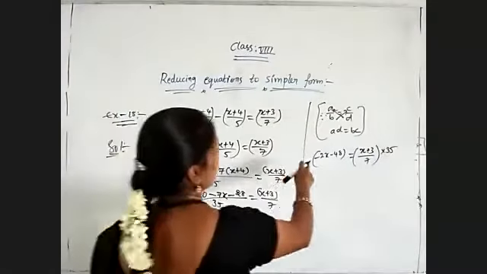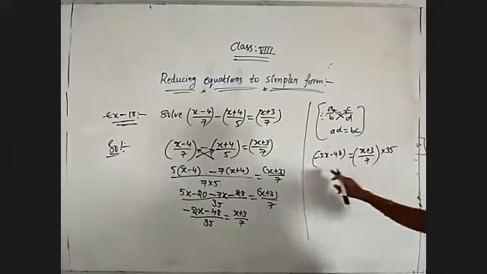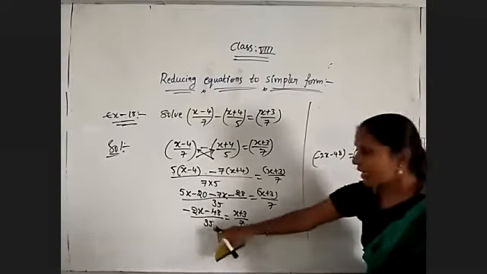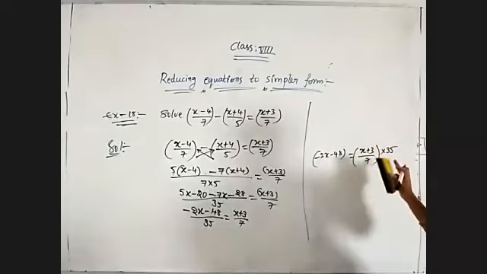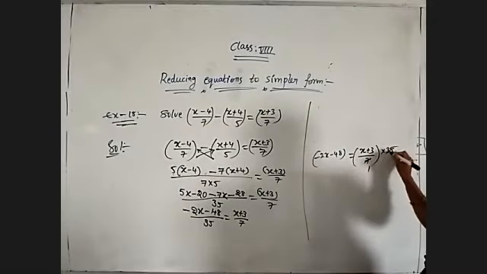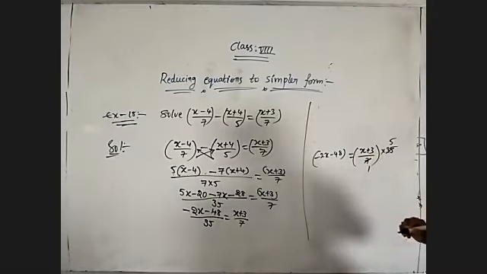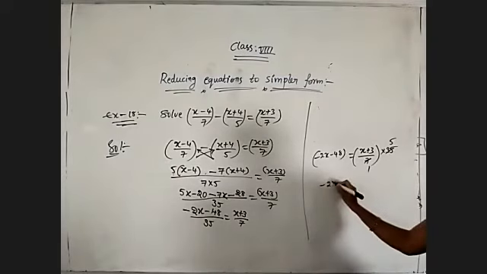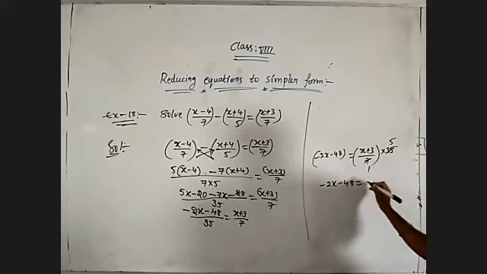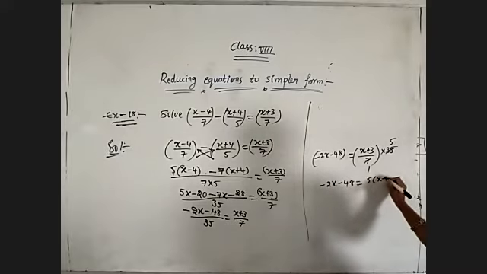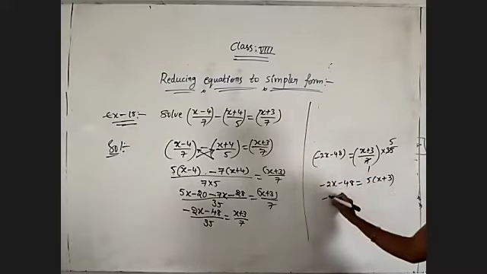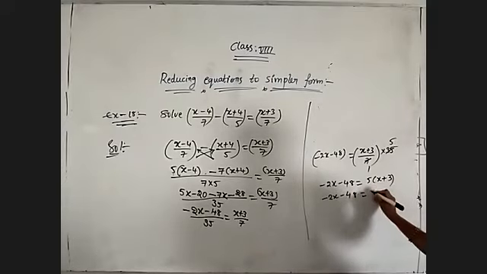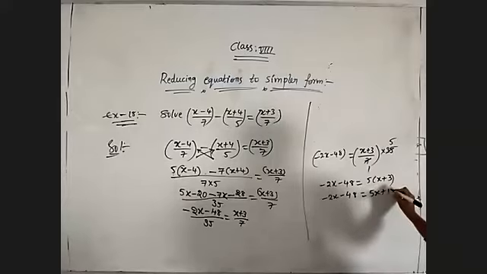Actually a into d we have to do, but directly, 35 is in the denominator, so I am bringing it to this side. 7 fives are 35, cancellation is suitable here, that's why I am doing this. Now minus 2x minus 48 equals 5 into (x + 3), that is 5x plus 15.